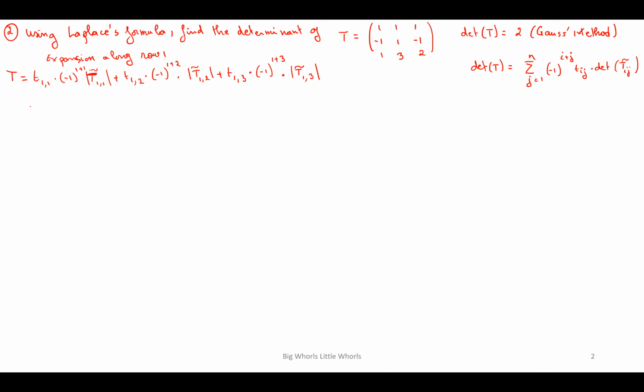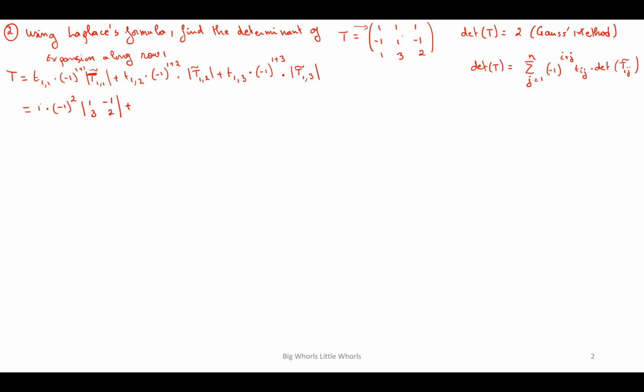So here we have the entry T_11. We are doing the expansion about row 1. So T_11 is equal to 1 multiplied by minus 1 to the power of 2 times the determinant of minor T_11. This is the matrix we get if we delete row 1 and column 1, so we are left with 1, 3, minus 1, 2.